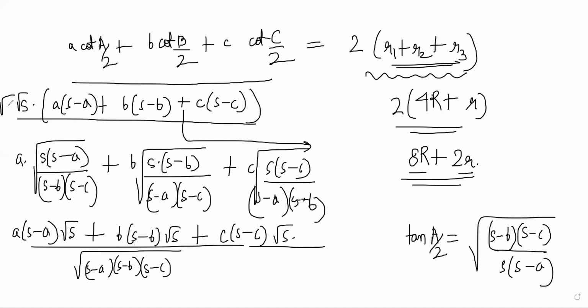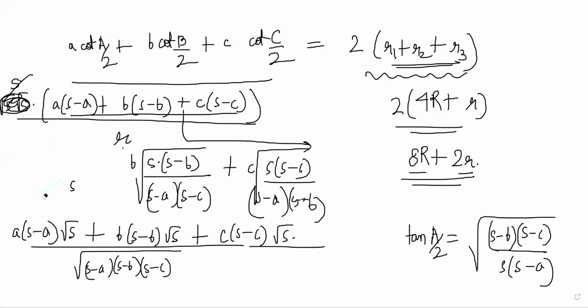Multiplying by root S, the denominator becomes del and the other becomes S. And del by S is small r. Now you have to prove that this thing by r is equal to this thing. So it is hopefully now possible.